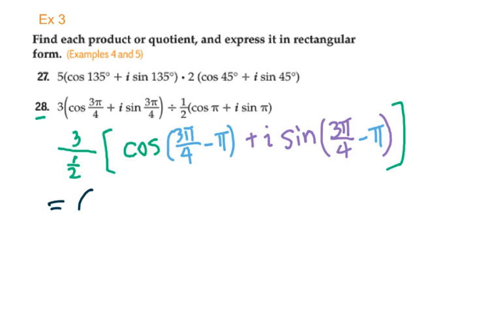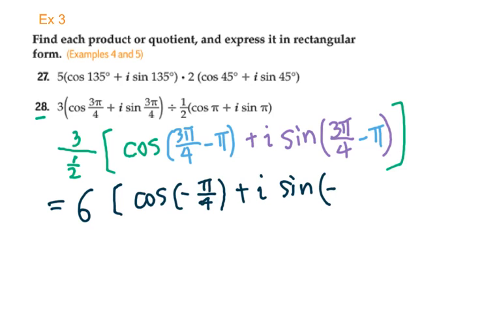Work this out, we got 6 and cosine negative pi over 4 plus i sine negative pi over 4.